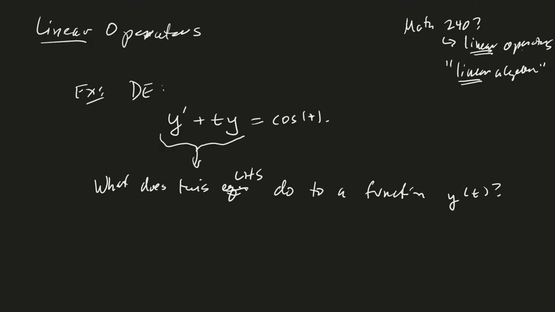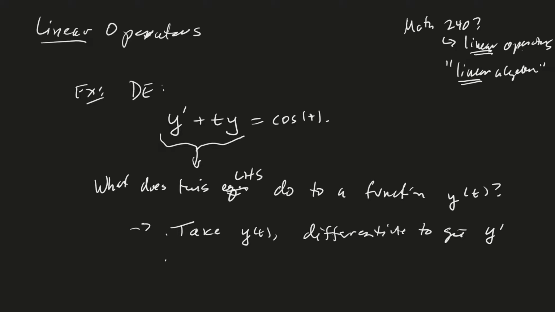Well, if you look at this, in this particular case what we're doing is we take y of t, whoops, sorry about that, got excited there. I'm having some trouble writing on my tablet today. Take y of t and then differentiate it to get y prime.